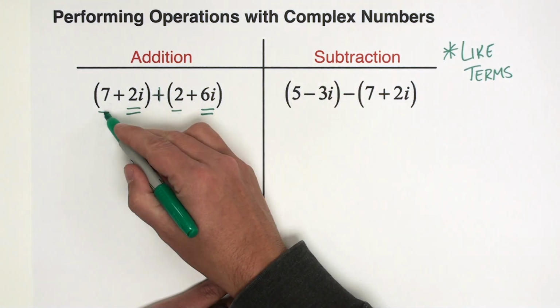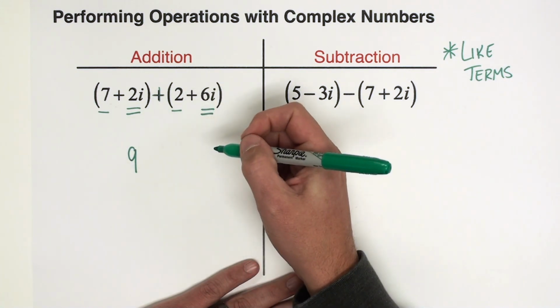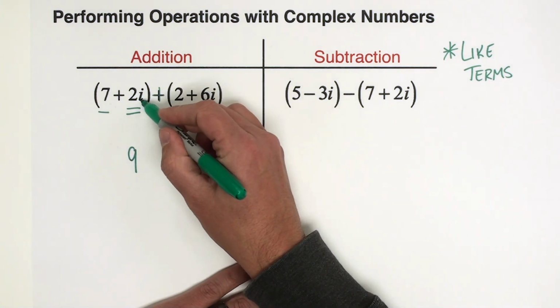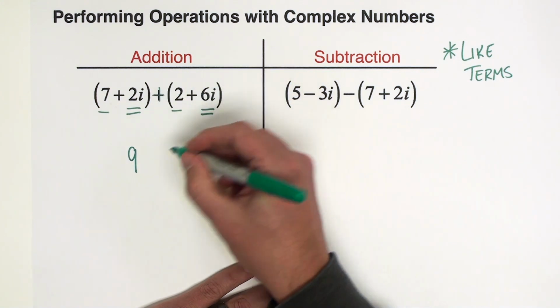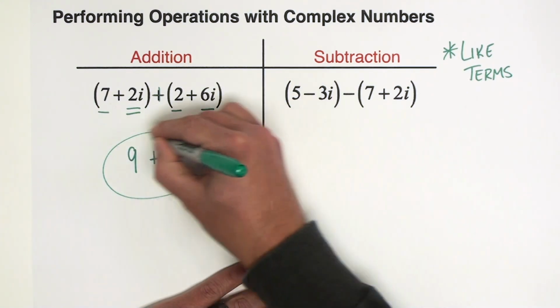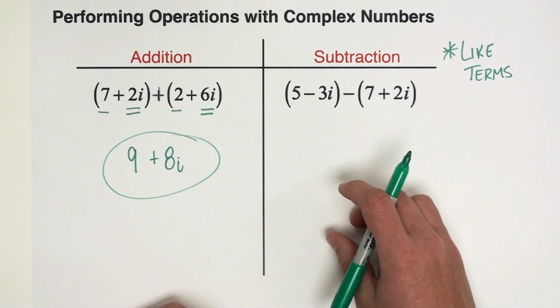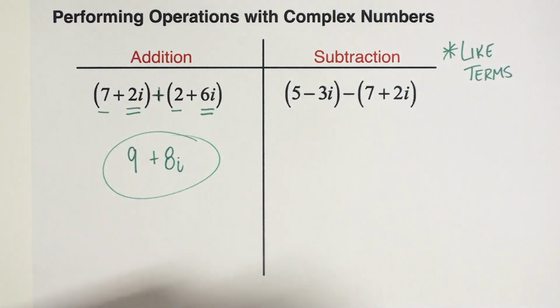So I'm going to add the real numbers together, 7 plus 2, and get 9. And I'm going to add the imaginary numbers together, 2i plus 6i, and get 8i. So I've got 9 plus 8i.